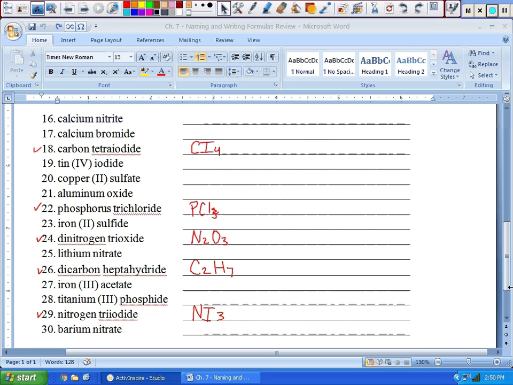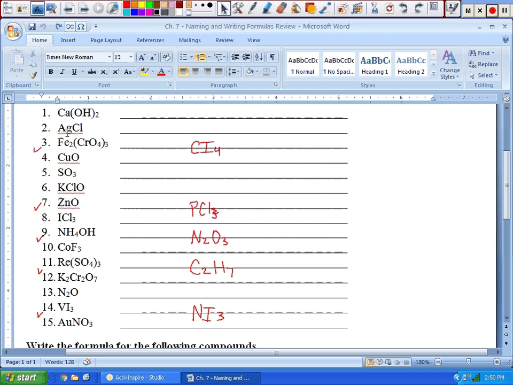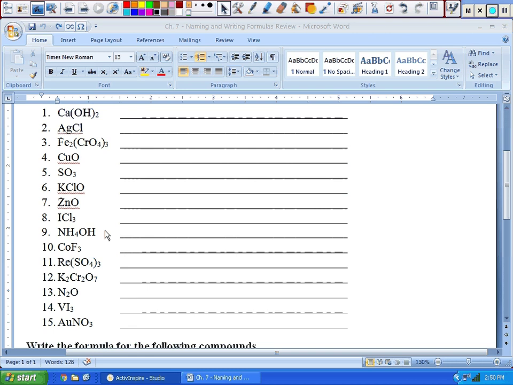Again, go back up and look at the first 15. Do you see any positives or negatives anywhere in any of those problems? No. So don't you make up some brand new way to do it. Do you see any number in any superscript position? No. So don't make stuff up. Continue with the system that we have. All right. So let's go here.